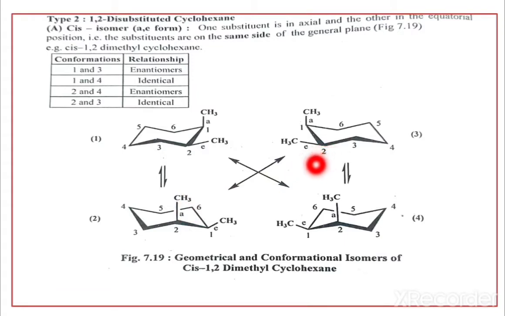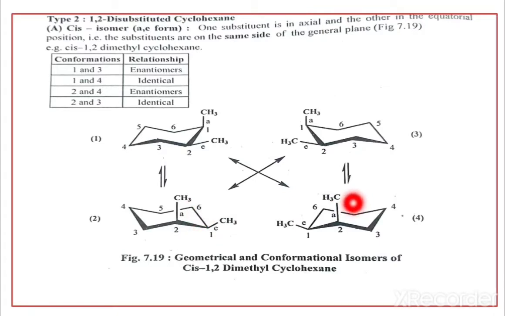To show that 2 and 3 are identical, a model is necessary. Similarly, 2 and 4 are non-superimposable mirror images, that is, they are enantiomers. But when 2 flips, we get 1, which is the same as 4.